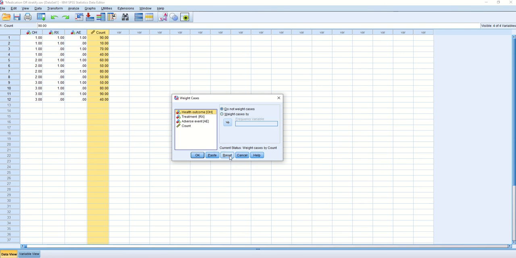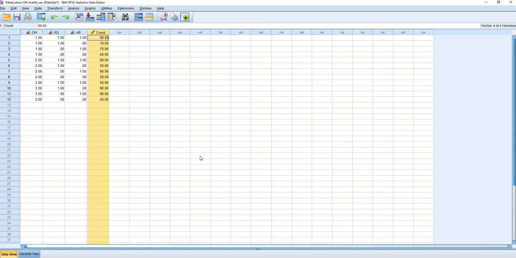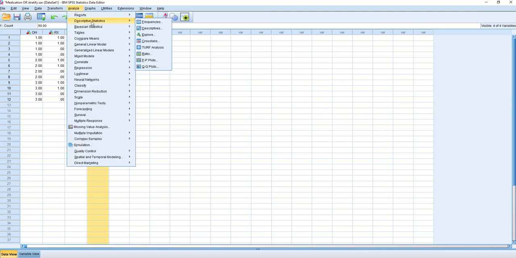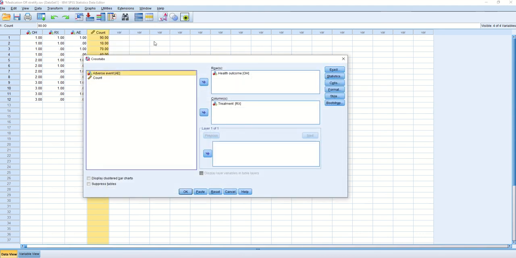So what you will see is something like this. Click on weight cases by, take count and put it there. Click OK. And then what we want to do is look at the relationship between the health condition and the treatment. So analyze, descriptive, frequency, crosstab.